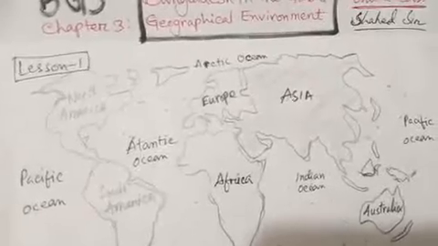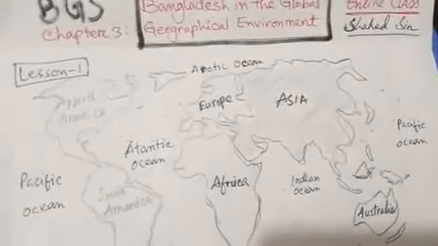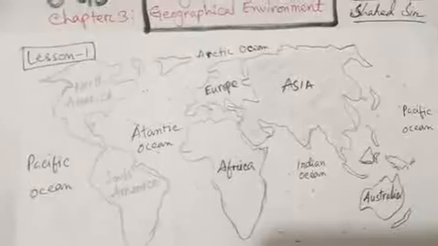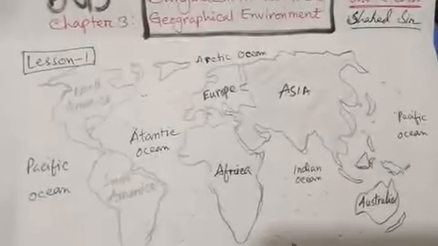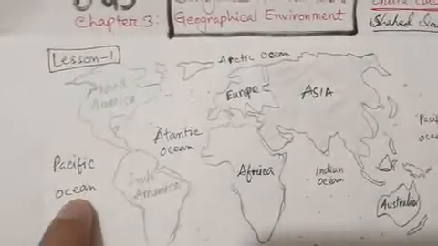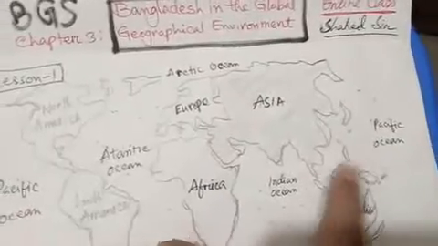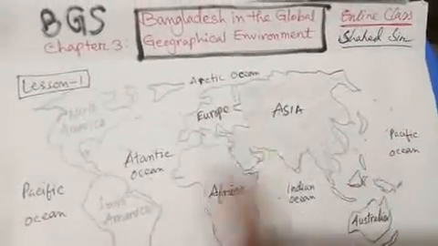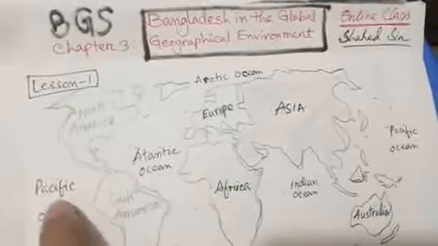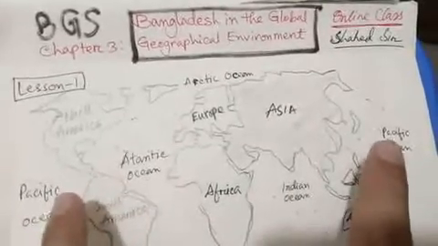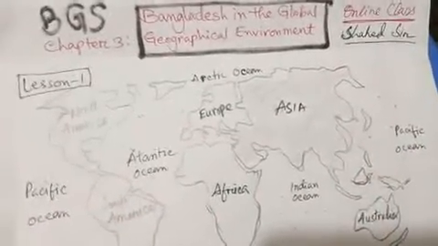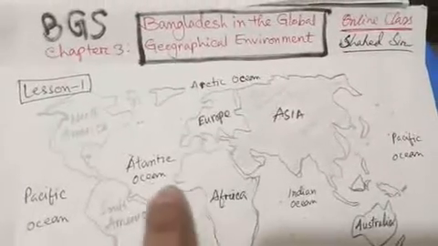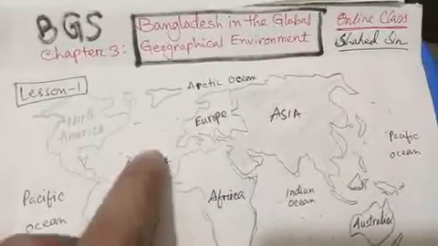Besides continents, there are 5 oceans. Here it is written in your book, 5 oceans. One is the Pacific Ocean, here and here. This earth is round, so the Pacific is one portion. Atlantic Ocean is over here, from here to here.